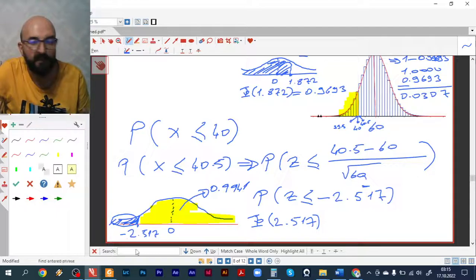But you want to find the small area, and please remember that the sum of all the probabilities is 1.